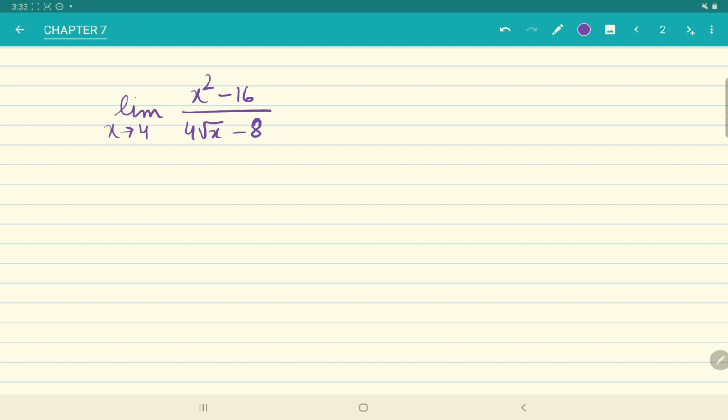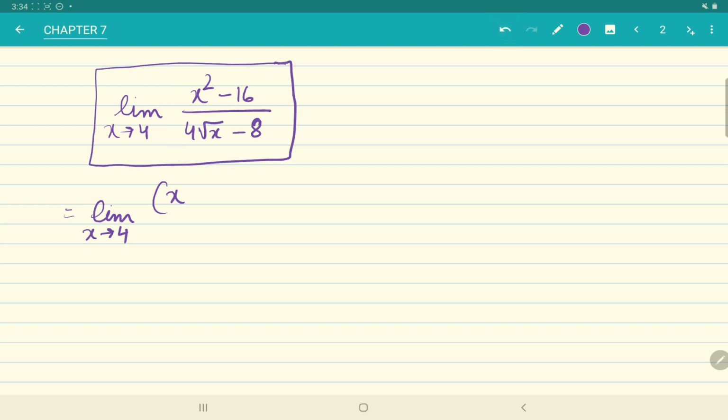Now in this case, earlier the way we have solved this limit is we wanted to think of it this way. Limit x tending to 4, this numerator can be written as, so in fact this is also an indeterminate form. Sorry, this one is an indeterminate form.